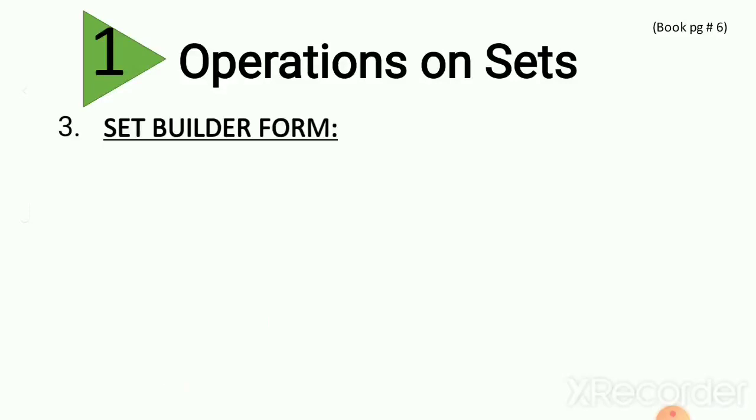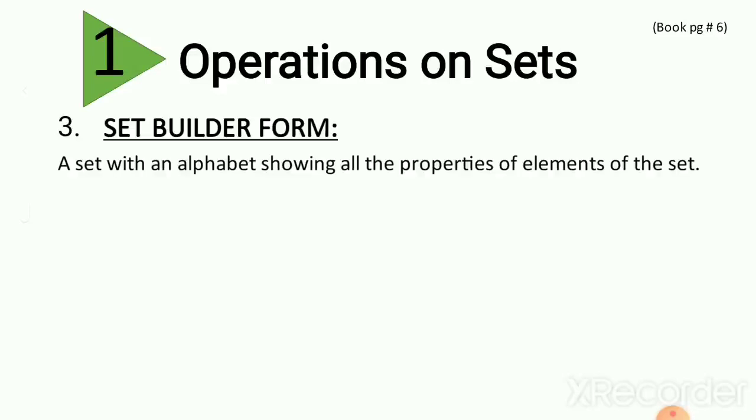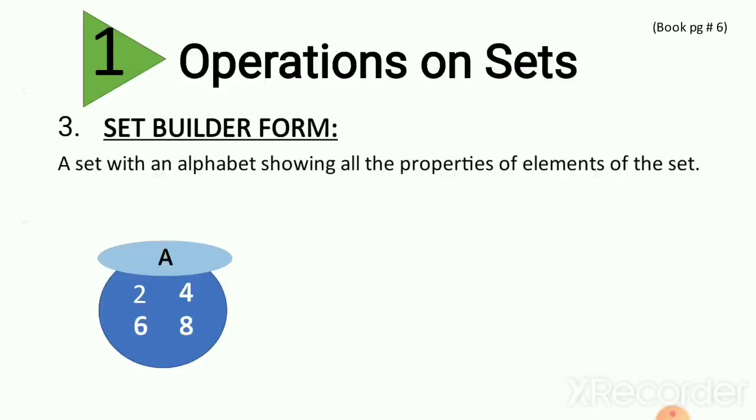So next is our set builder form. The set builder form expresses a set with an alphabet showing all the properties of elements of the set. So we will take the example from the previous set. How can we represent it in set builder form?